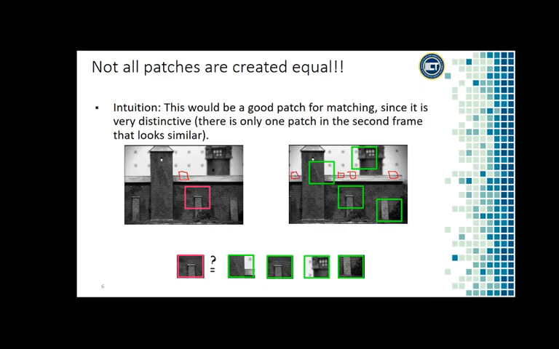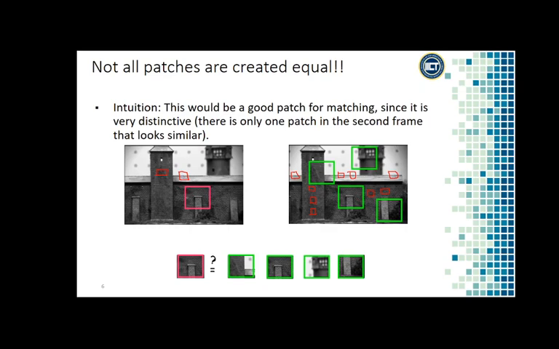So these are all the patches which can be matched from this image. Similarly, if you select this one, how many of them can be selected here? See, there are many patches which can be selected. So there will be multiple responses. In this case, the patch would not be good.